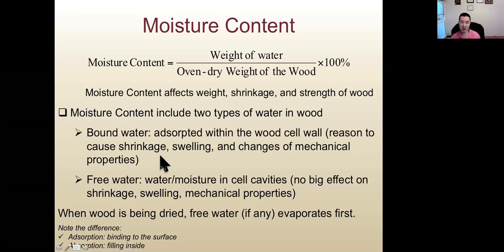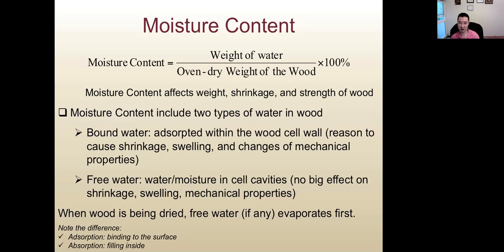Beyond the bound water, we have the so-called free water, which is water in the cavity between the cells. A change in free water does not have big effects on shrinkage, swelling, and other mechanical properties of wood. This is similar to the moisture in aggregate in concrete.